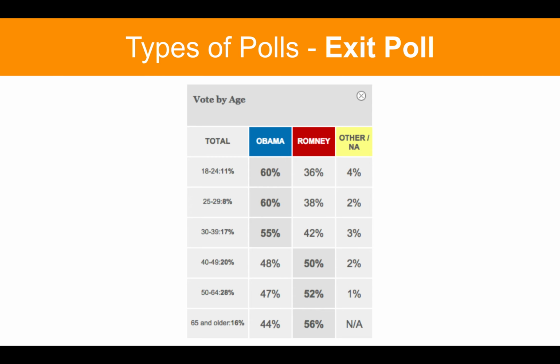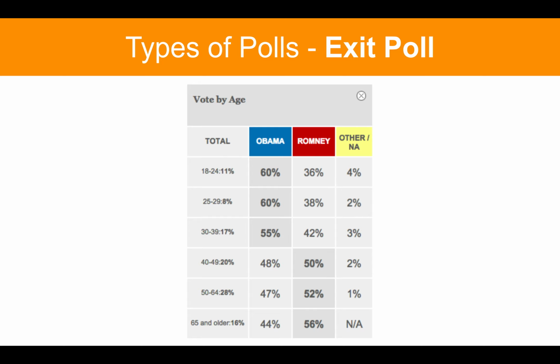Here's another type of poll. It's called an exit poll. And exit polls are the perfect way to see what demographics voters had. When I fill out a ballot, and I just filled out my ballot for the 2020 primaries, it doesn't ask me anything about my demographic information. It doesn't ask me my age, my income, or any of that stuff.